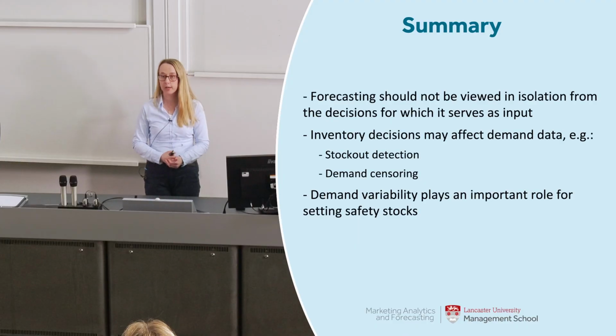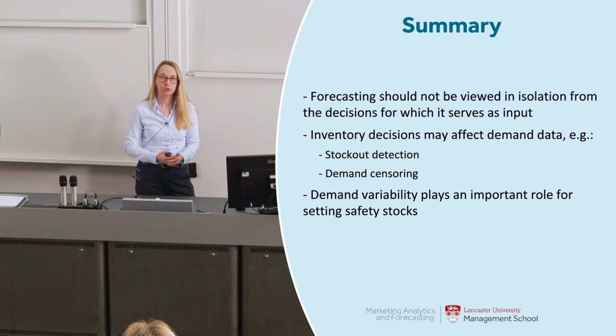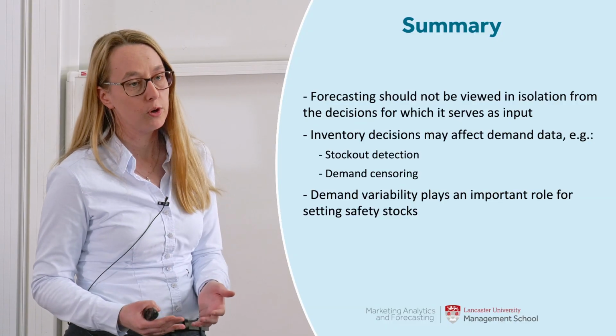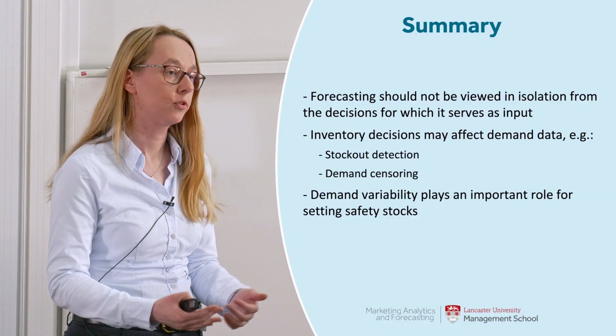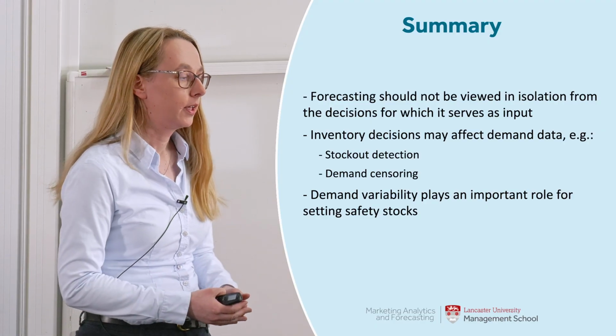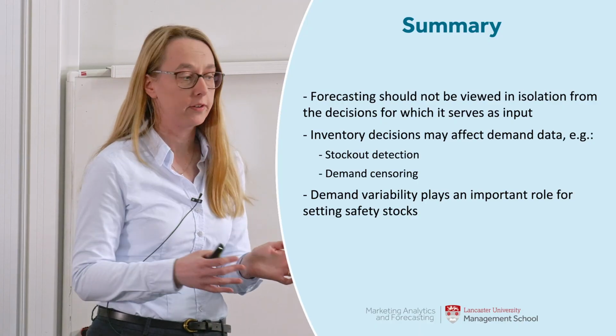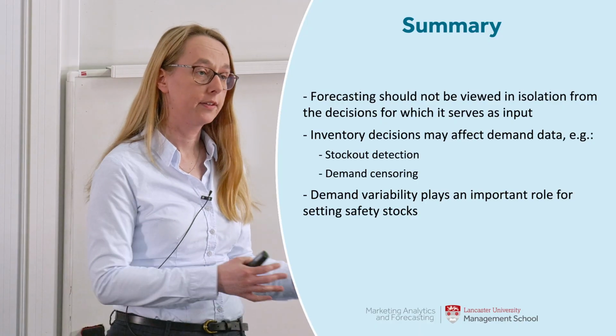So to summarize, what is really important is that forecasting should not be viewed in isolation from the decisions that it is going to be used for later on. So it's really important to take into account what I want to achieve with that forecast. On the other hand, the inventory decisions can actually affect the demand data.